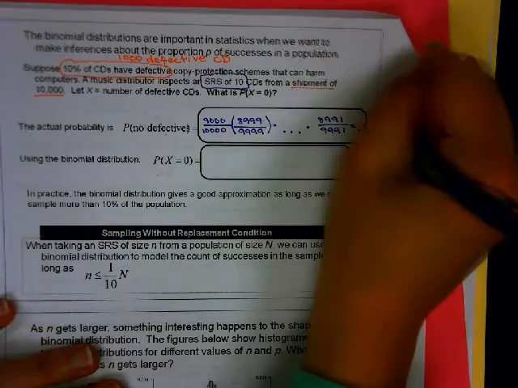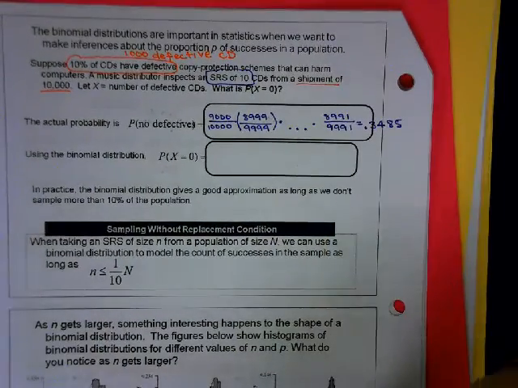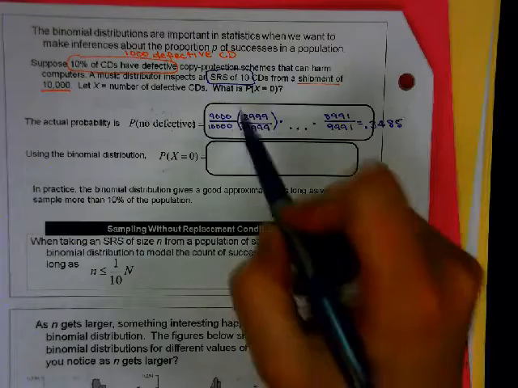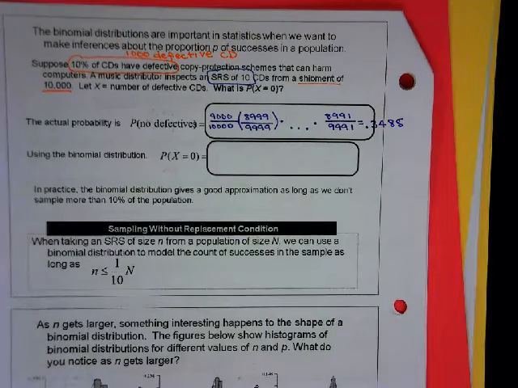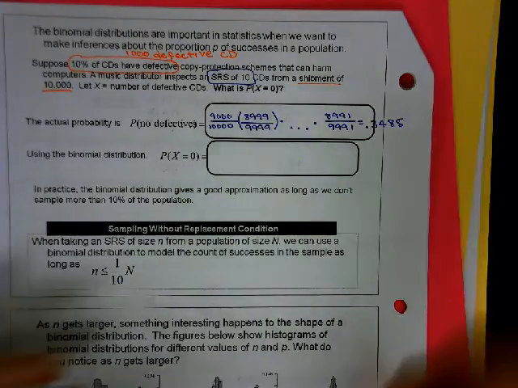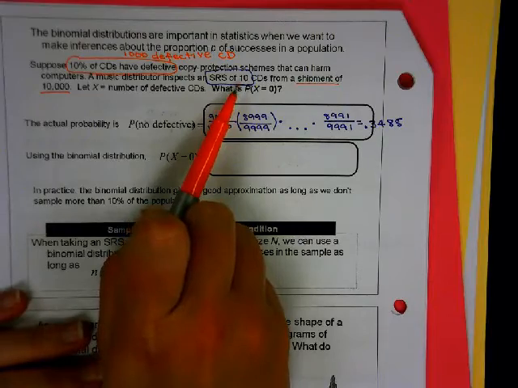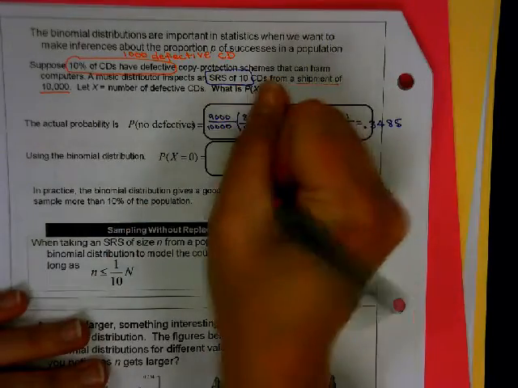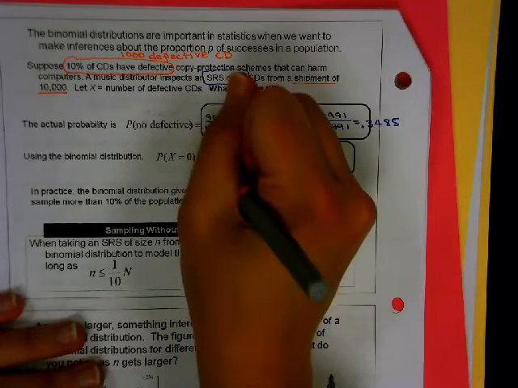Using the binomial distribution, we're interested in exactly 0 being defective. No defects. So 10 of them are not defective, so the probability of 0 defects.